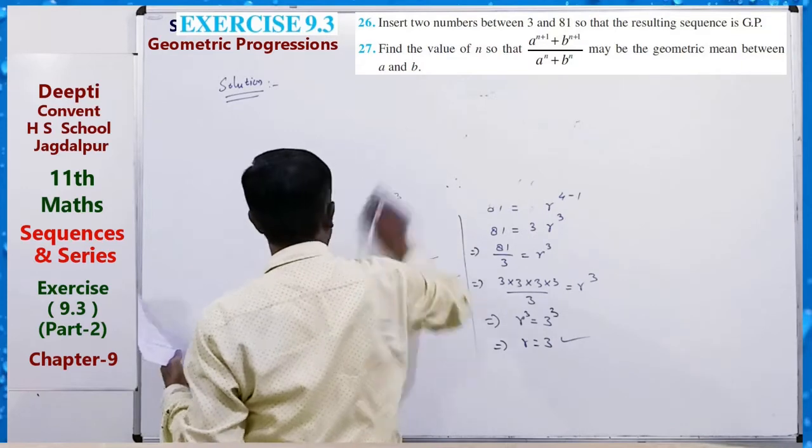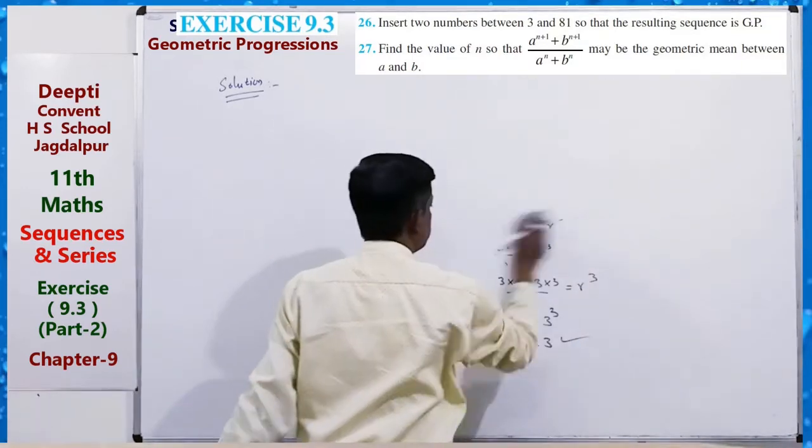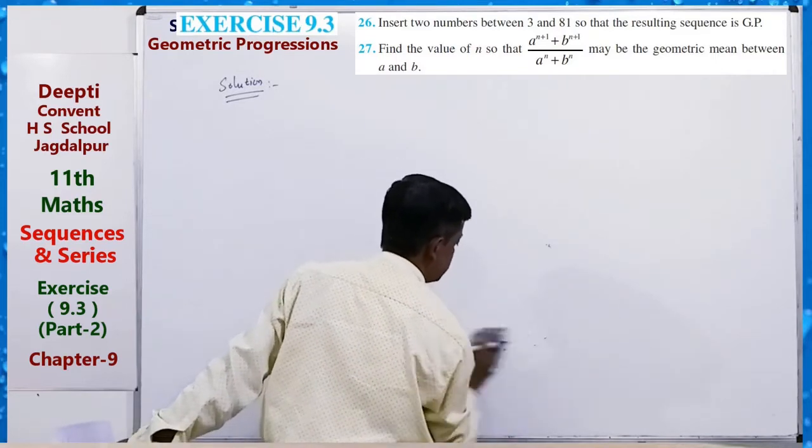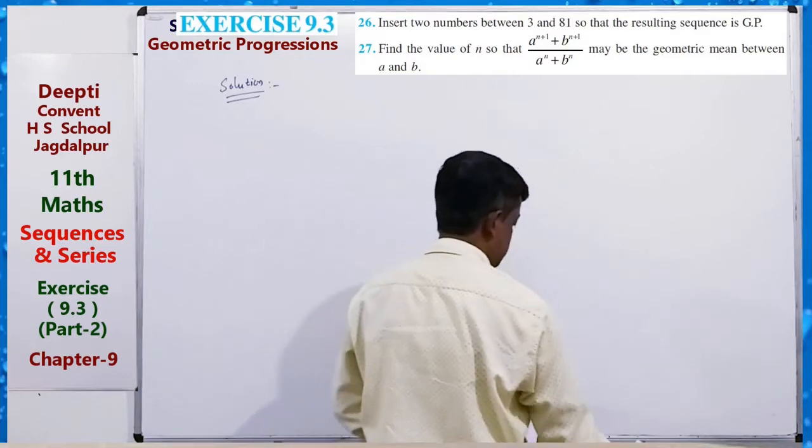Geometric mean and arithmetic mean. Just like arithmetic mean, the geometric mean between a and b is a number whose square is the product.